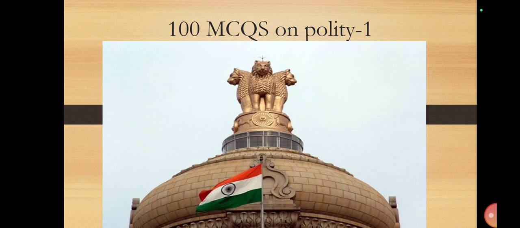Question number 98. Consider the following statements about the Special Officer for Linguistic Minorities. It was created in pursuance of the provision of Article 350B of the Constitution. The Commissioner has its headquarters at Allahabad. He has 3 regional offices at Belgaum, Chennai and Kolkata.